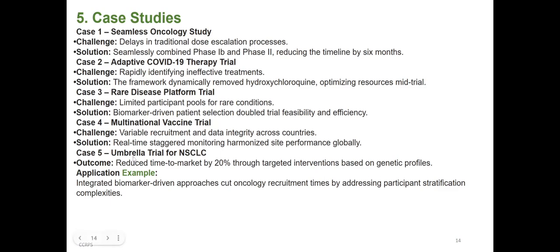And as we remember, the difference between umbrella trial and basket trial: umbrella is several medications in order to treat or manage a single disease, while basket trial is one medication to treat multiple or more than one disease. An application example: integrated biomarker-driven approaches cut oncology recruitment times by addressing participant stratification complexities.